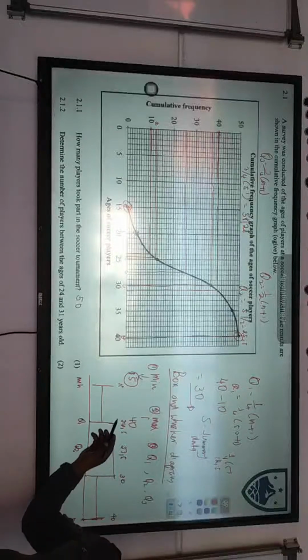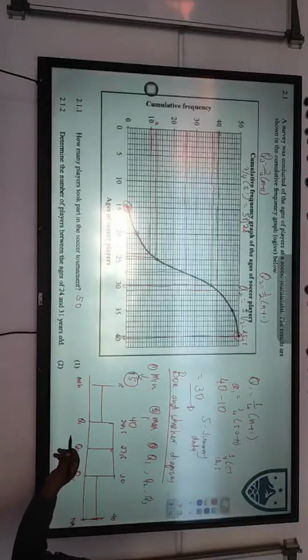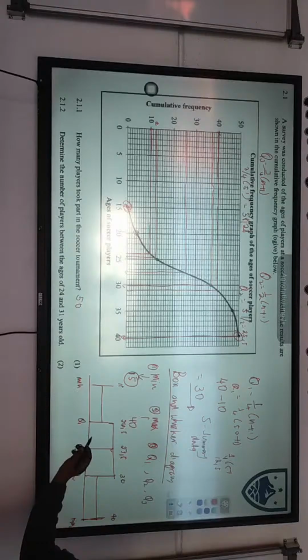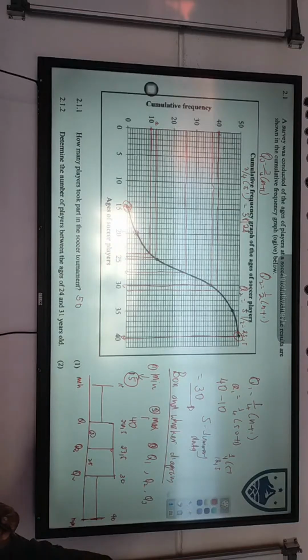From 24,5 to 27,5 is just 3. And then from 30 to 27,5, 2,5.